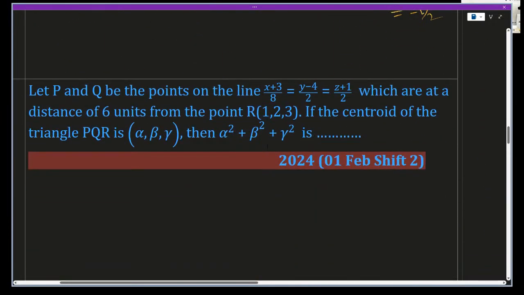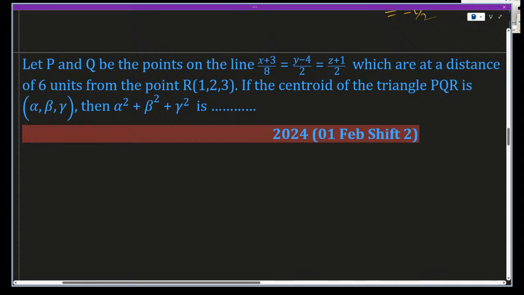Let us go for the next problem. Check, is it different from the previous one? Is it a difficult one? I don't think so, it's not difficult at all. P and Q are points on the lines.